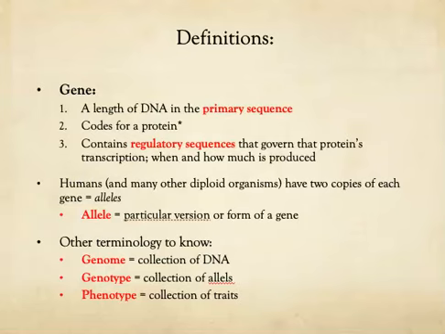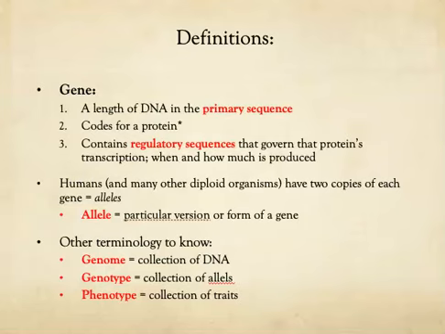Now, most people will tell you, oh yeah, a gene is a piece of DNA that codes for a protein. And that's correct, but that's an incomplete definition, because genes also contain a second type of code within them. They have code for building a protein, and they also have regulatory code, or a sequence of bases that has a purely regulatory function.